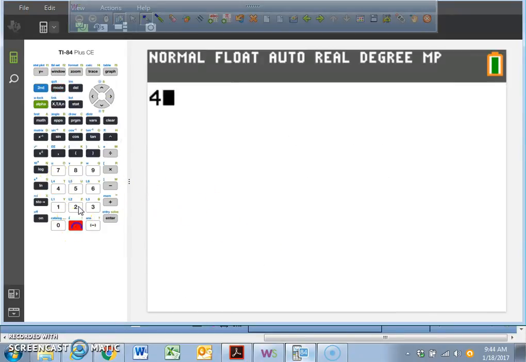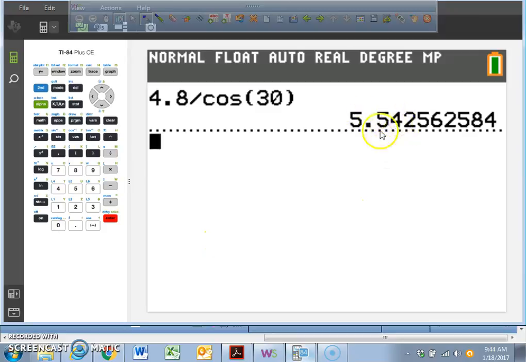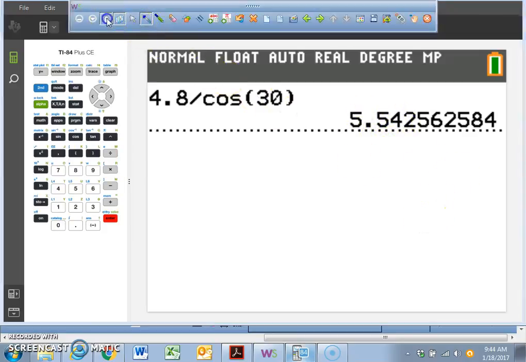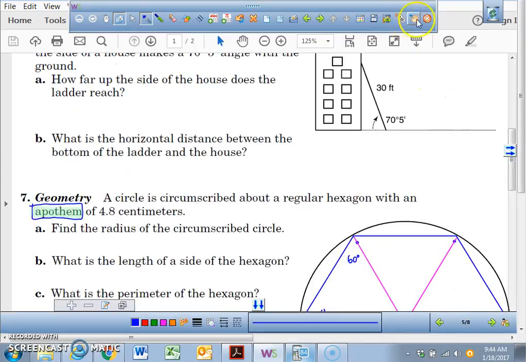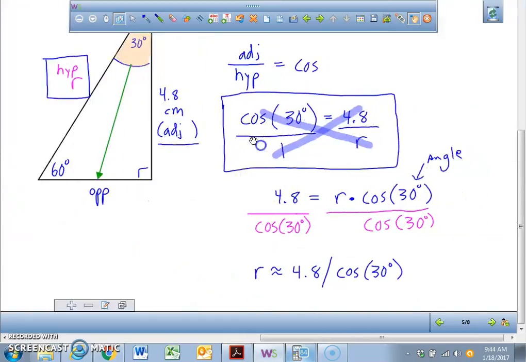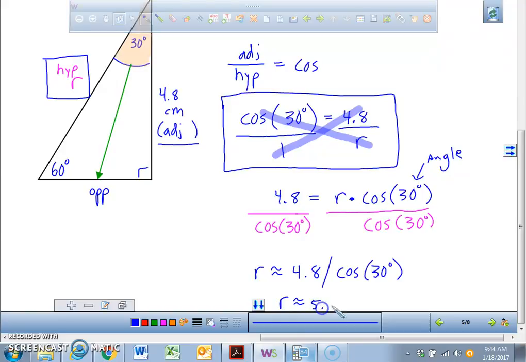Do 4.8 divided by cosine of 30. You get 5.54. Just going to round to the nearest tenth. Call it 5.5 if you want to. Okay? So you go back over to our circle, say our radius of our circle is approximately equal to 5.5 centimeters.